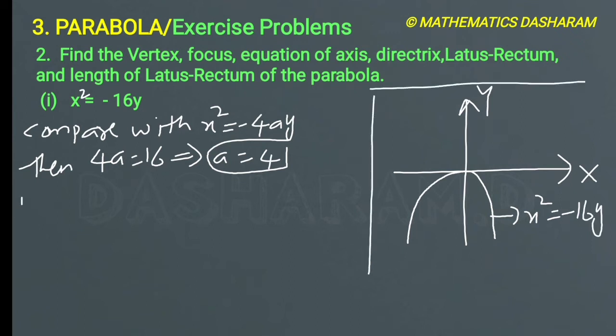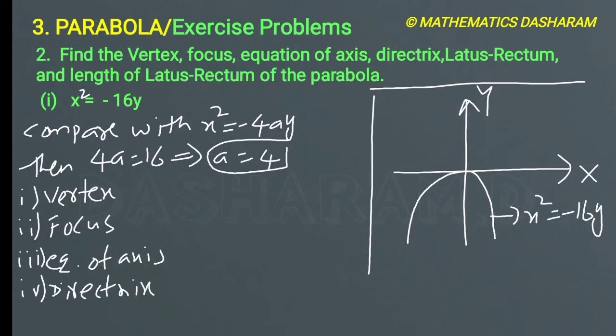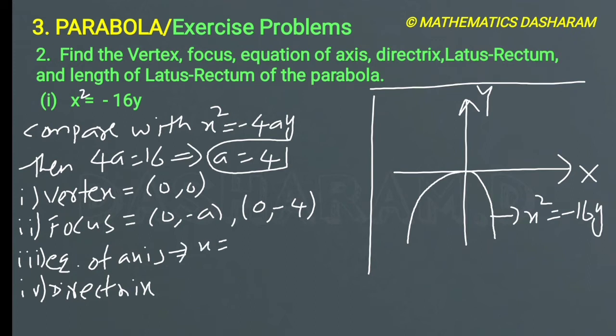Let's write the first answer. The first answer is vertex. The vertex is origin 0, 0 and focus is 0, minus a, so 0, minus 4. Equation of axis, so that is x equals to 0. Next, equation of directrix, this is a fixed line. Fixed line is called a directrix. Then y equals to a, so y equals to 4.